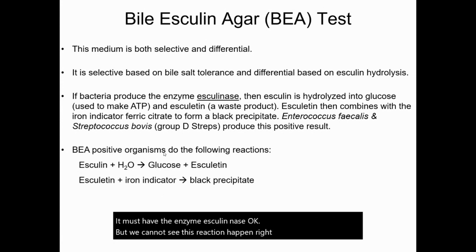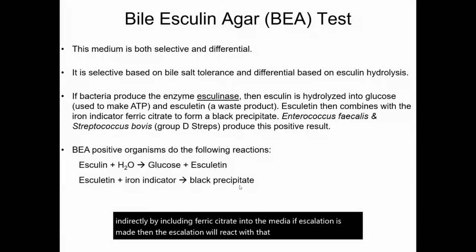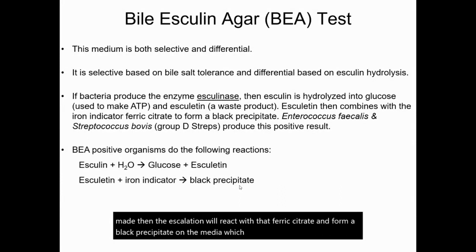Because they're all microscopic molecules, but we have found a way to visualize it kind of indirectly. By including ferric citrate into the media, if esculetin is made, then the esculetin will react with that ferric citrate and form a black precipitate on the media, which we can easily observe.